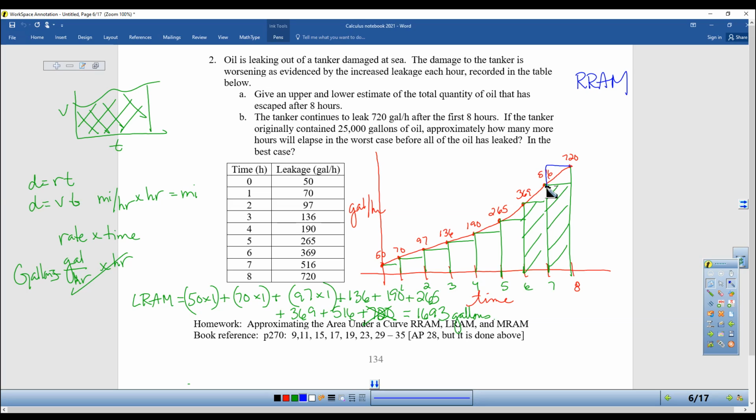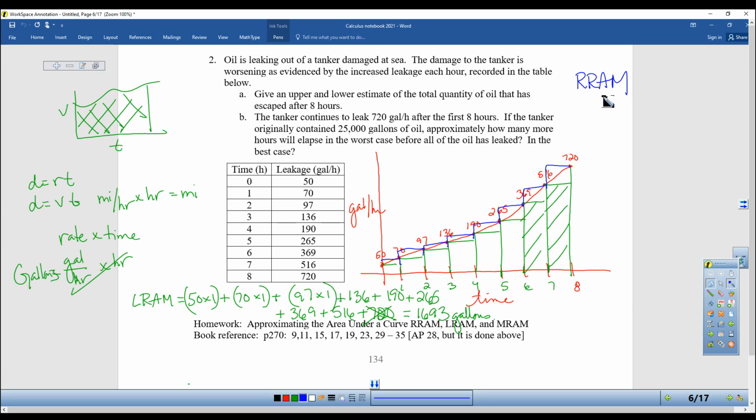Now for RRAM, if you came in from this direction, what number would now be eliminated? Instead of the 720, you do have a 1 by 720 rectangle, but you wouldn't have a 50. So this end would be missing.